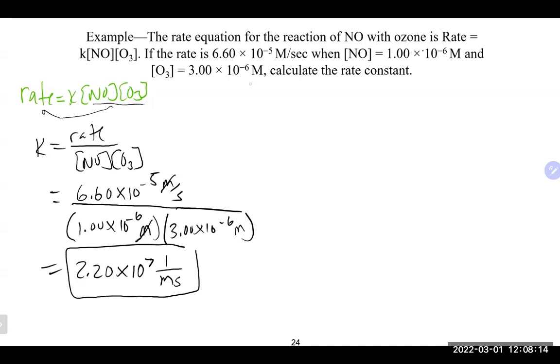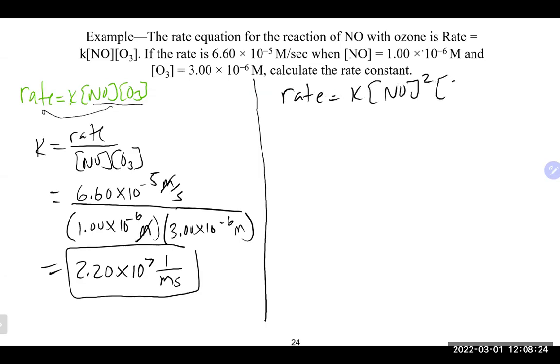Now, to look at what would happen, let's just say that the rate law here was K times NO squared, and O3 was to the 0 order in this particular case. When we would go to solve this, K would equal the rate divided by NO squared times O3 to the 0 order.